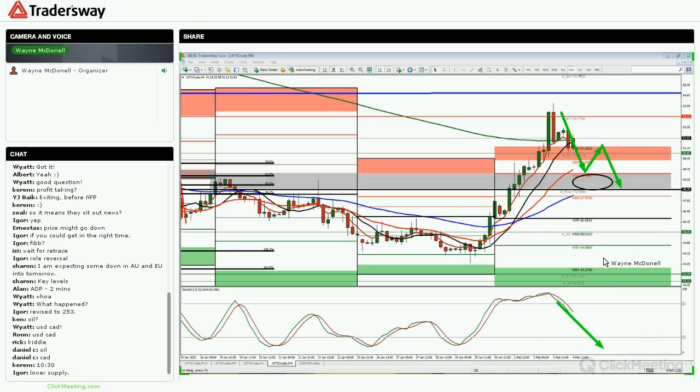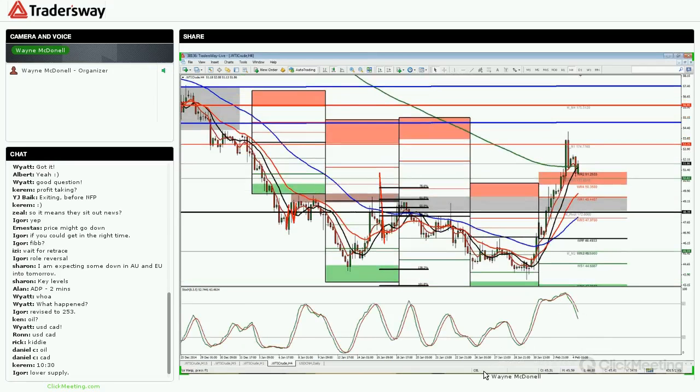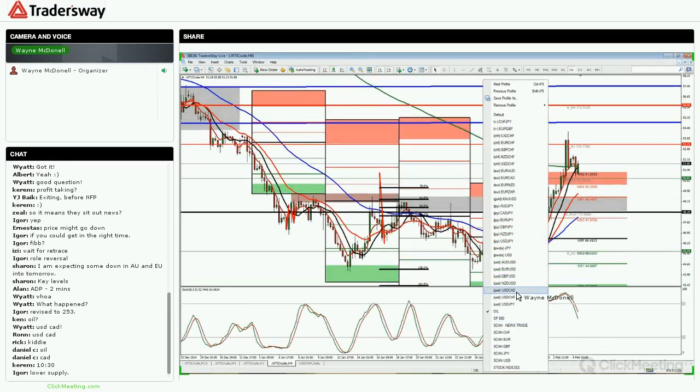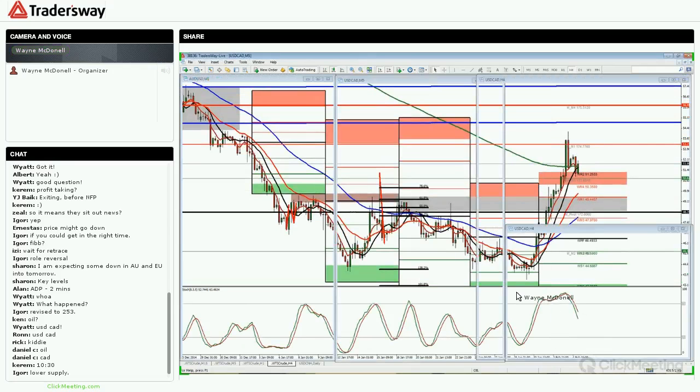Okay, for that to happen, we need a buildup of inventories, a drop in prices, a drop in the Canadian dollar, and who knows, maybe the stock market will have already rallied and pulled the US dollar with it. USD CAD again goes up to the next level.